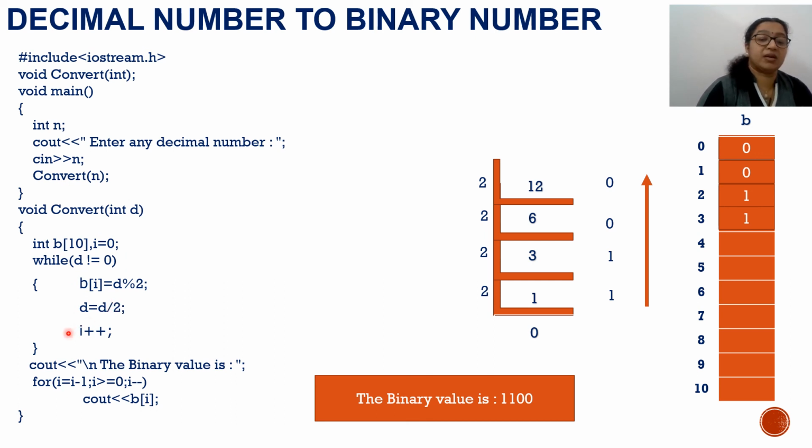Then we want to increment the index number because we want to keep on doing this process. Then after that, if d is equal to 0, we want to print it in reverse order. So reverse order means i is on 4th now, so we want to move it backward to the 3, then we will get the value 1100. Got it? So this is the way of converting decimal number to binary number.